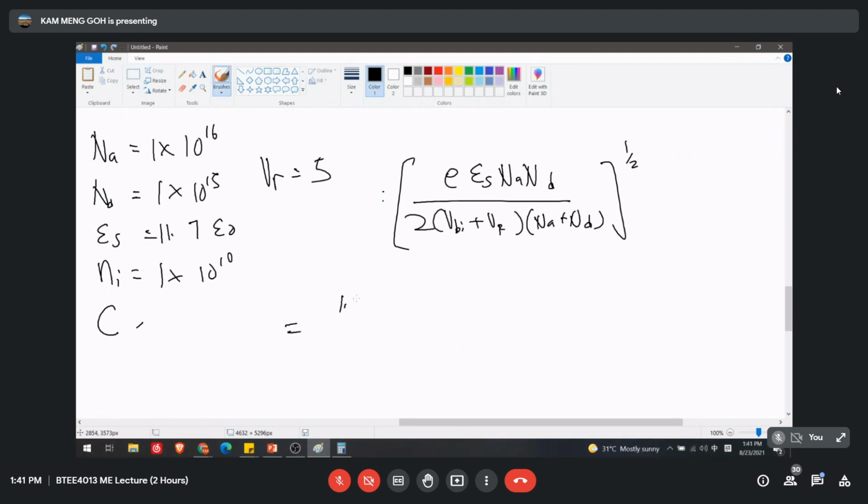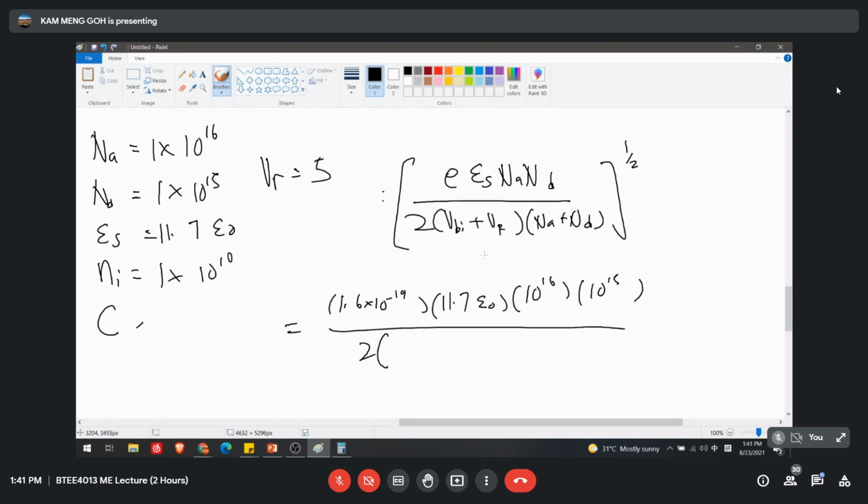This one, 1.6 times 10 to the power negative 19, epsilon s 11.7 epsilon o, and Na and Nd given 10 to the power 16, 10 to the power 15, divided by 2. VBI we have already calculated earlier. VBI plus VR 5, NA plus ND, square root. Then you can get the capacitance.